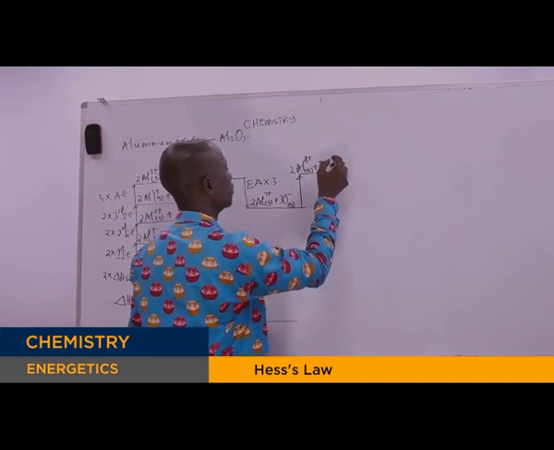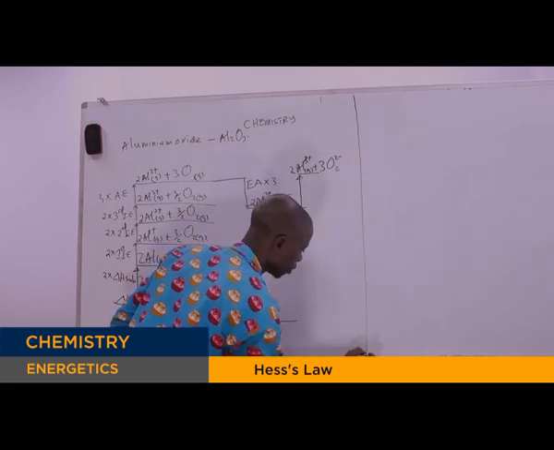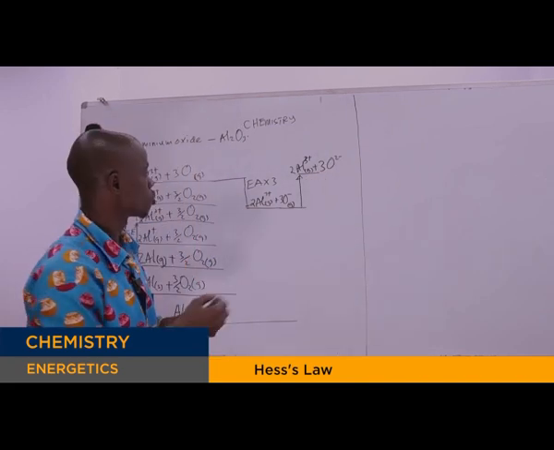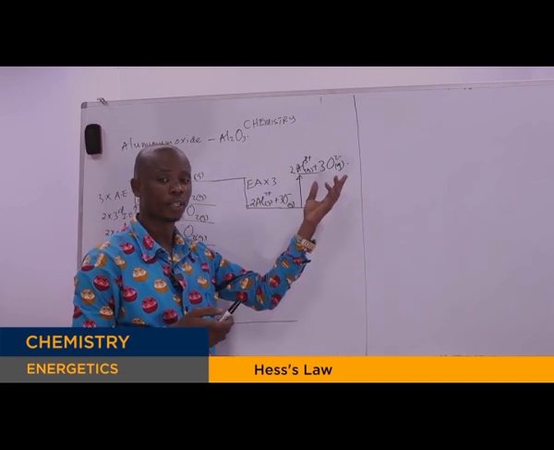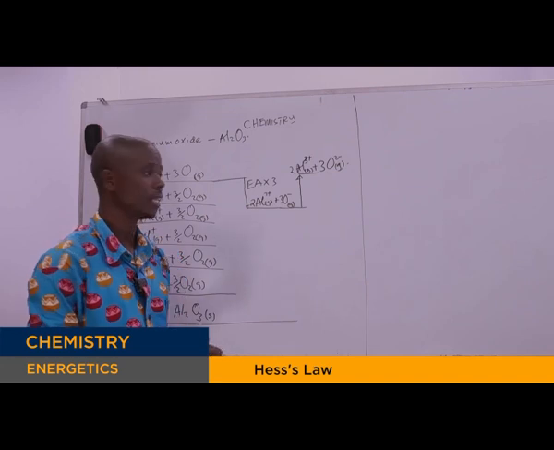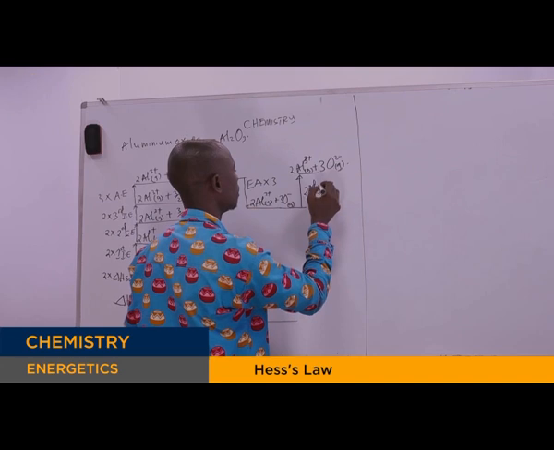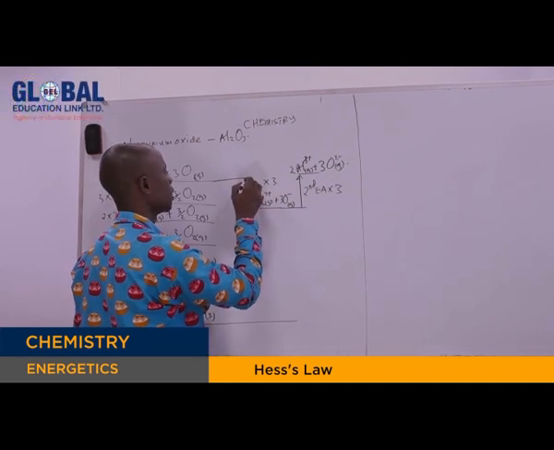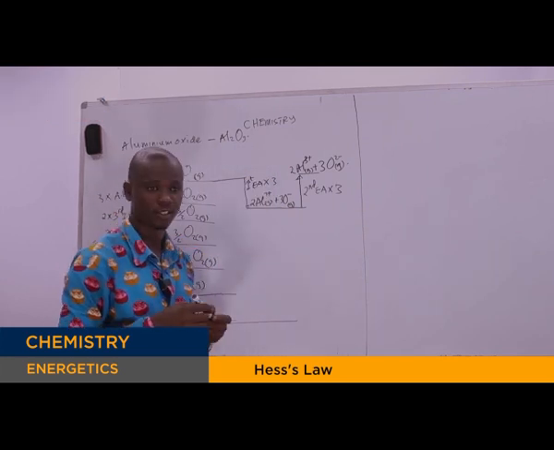Now we already have the cation and the anion. And this is the second electron affinity. You multiply by 3 because there are 3.